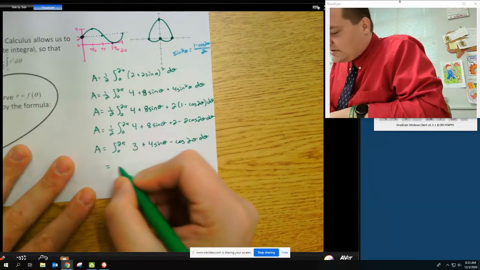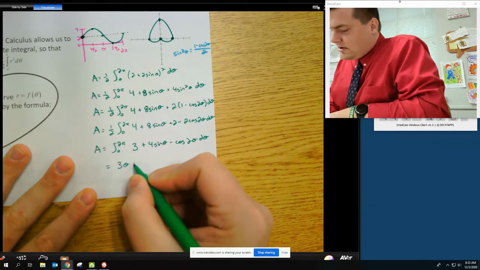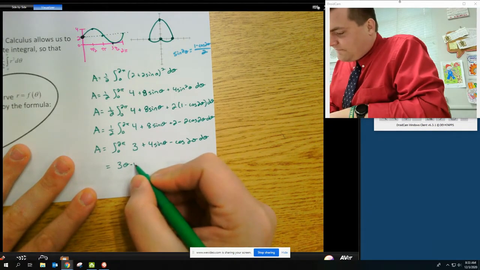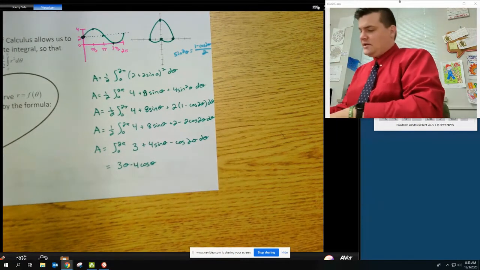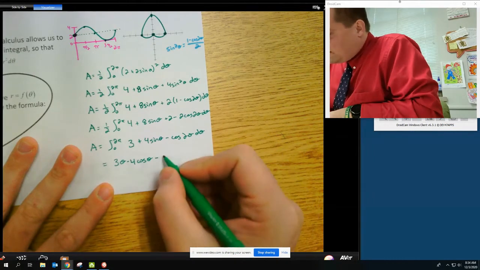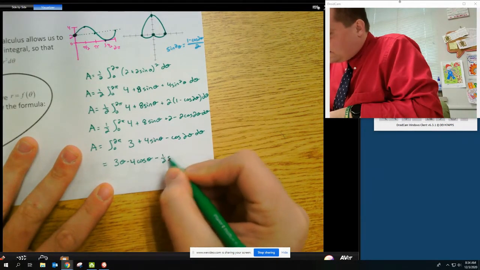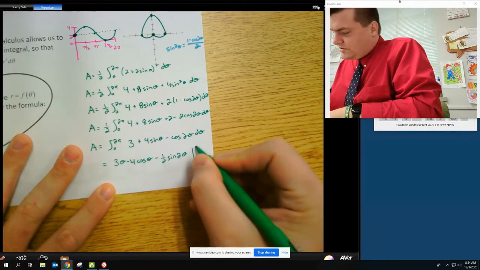So I'm going to get 3 theta. This will turn into a minus 4 cosine theta, because the antiderivative of sine is negative cosine. And then this is going to end up being minus 1/2 sine 2 theta. Evaluate that from 0 to 2 pi.